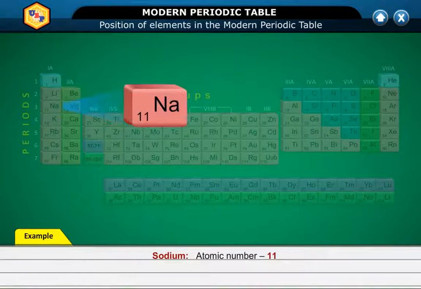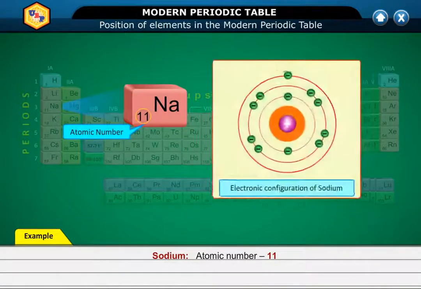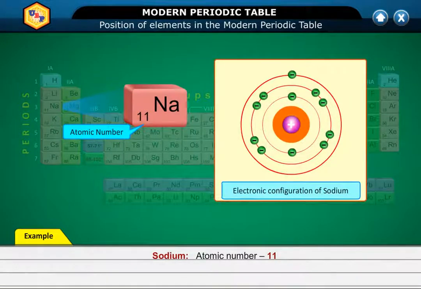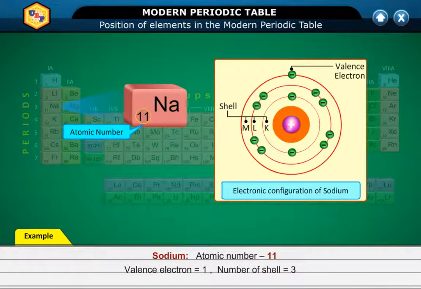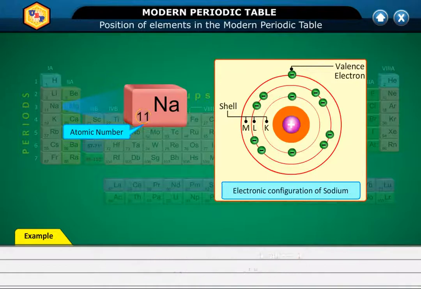Sodium, atomic number 11. Electronic configuration of sodium: K2, L8, M1. Valence electron 1. Number of shells 3. Position in periodic table: first group, third period.